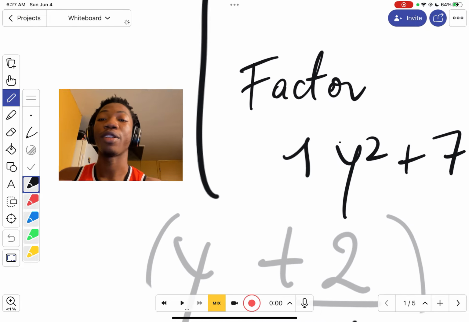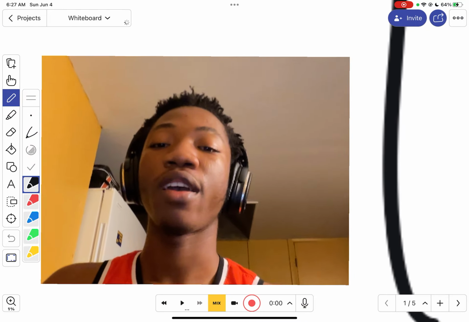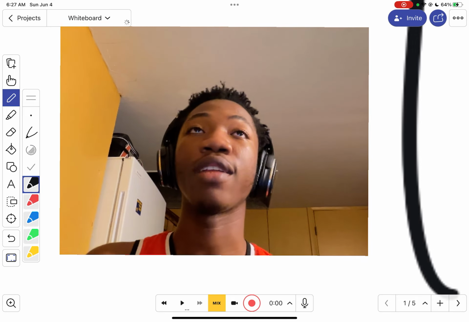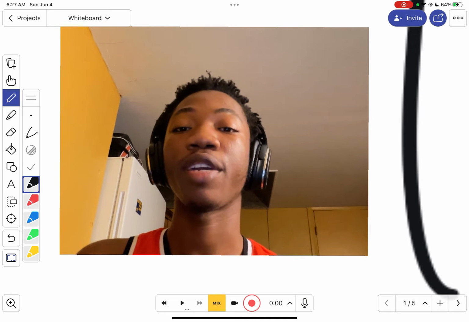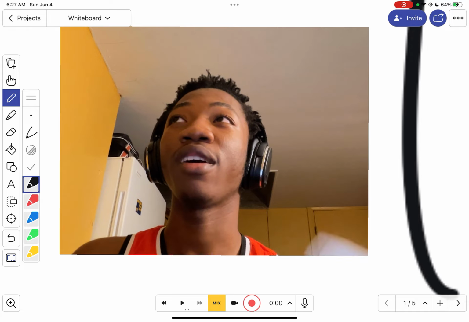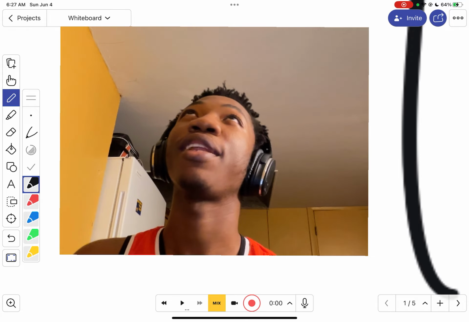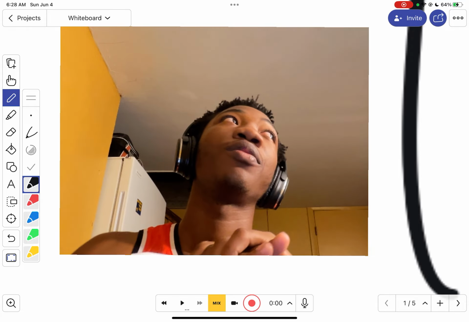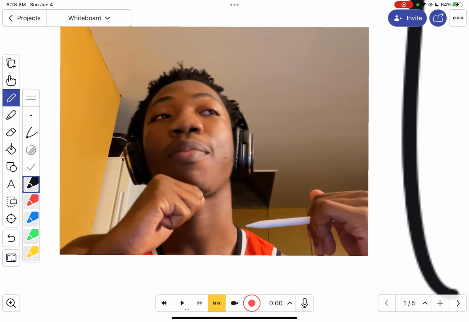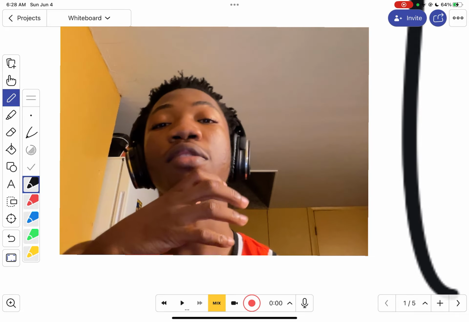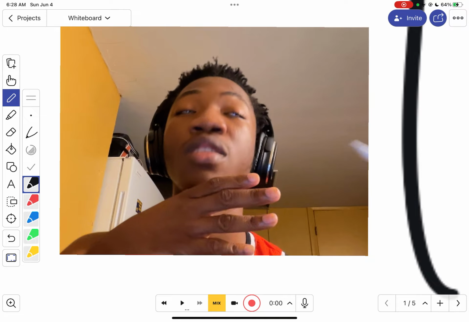So I'm going to do a little recap. You can use the AC method in order to get the two numbers and factor the equation. It works with most equations, I think, but I didn't try it with all possible equations, so I'm not going to say every equation.